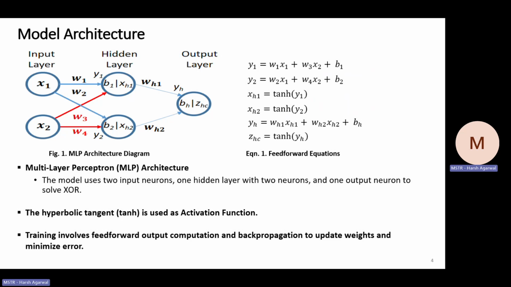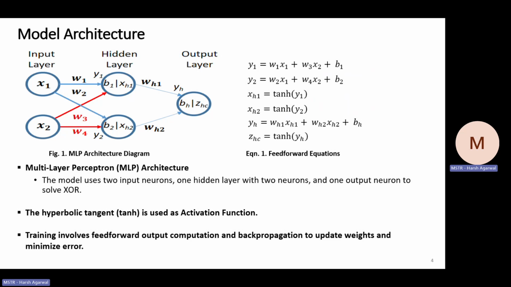If you look at the feed-forward equations, where y1 and y2 are getting calculated, as well as xh1 and xh2, those correspond to the first layer, or the hidden layer of the network, and then YH and ZHC correspond to the output layer. Also, the activation function used in this particular network is the hyperbolic tangent function.